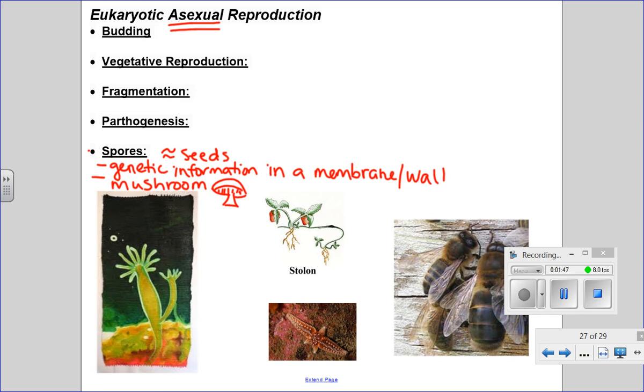So spores can be used for asexual reproduction in eukaryotic organisms. They're very much like a seed, except that a seed is formed through fertilization. So a seed would be sexual reproduction. A spore resembles a seed, but is used for asexual reproduction.